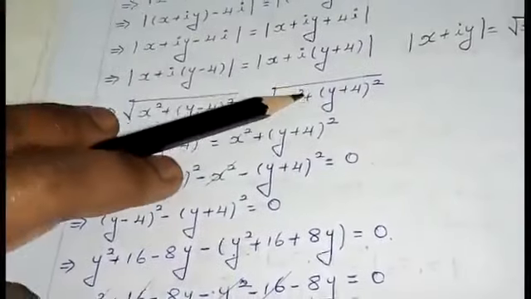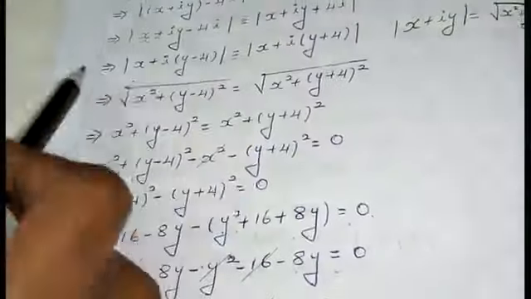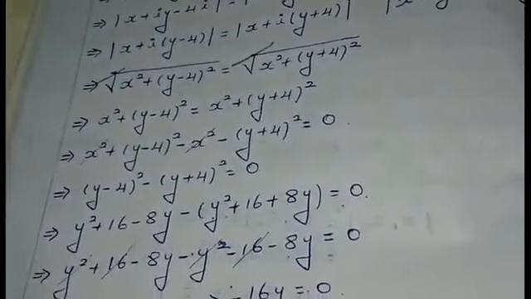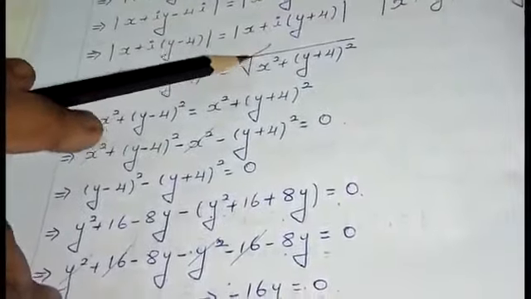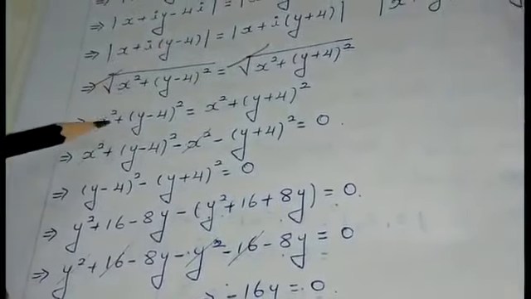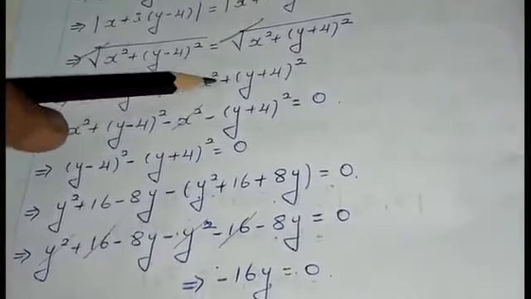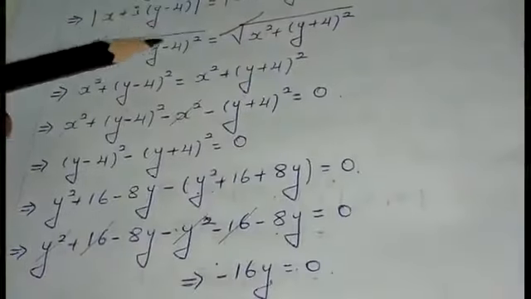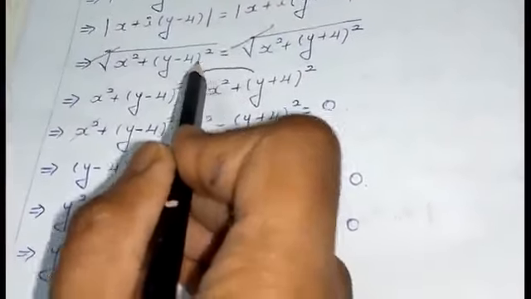Similarly for right hand side also I am doing this work. Next what I am doing is, just I am cancelling this square root by taking squaring on both sides. Be clear, I am just cancelling only the outside square root. Inside the powers will be as it is, that is x square plus y minus 4 the whole square is equal to x square plus y plus 4 the whole square. I am bringing all the terms to my left hand side.